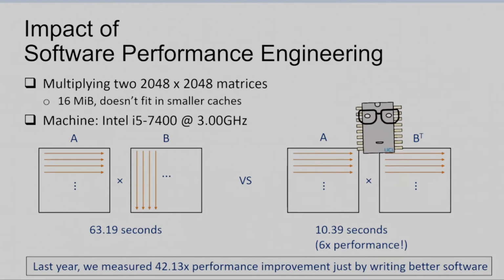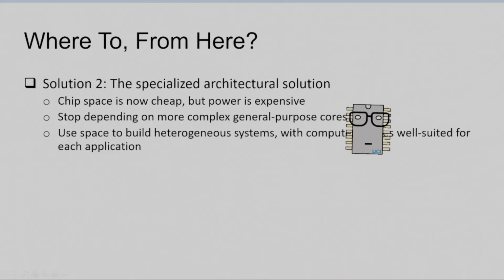By writing single thread software without throwing any more hardware at it, we were getting 42x performance improvements on this exact same problem. 42x is really, really good, but this isn't going to scale indefinitely, of course. But given the world we live in, where the cost of performance is not going to be just hardware anymore, these are things that we need to care about. So this is going to be about half of what this course is going to talk about.